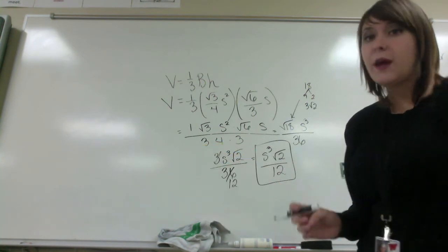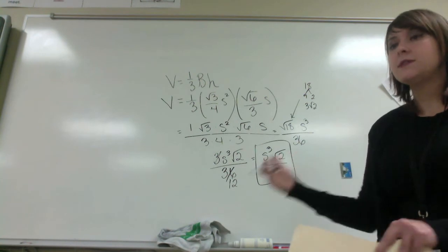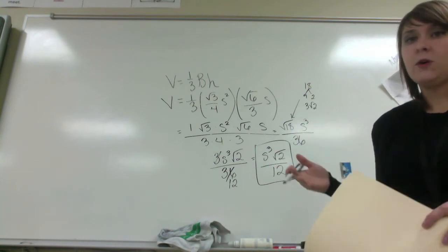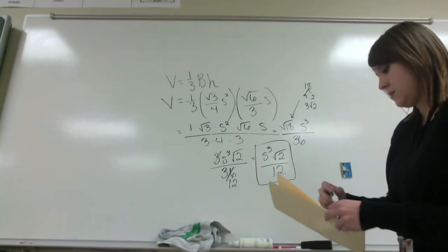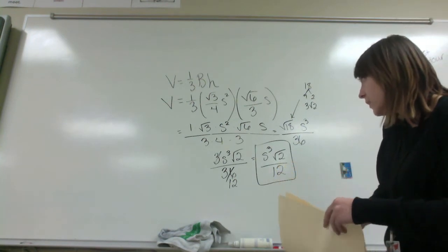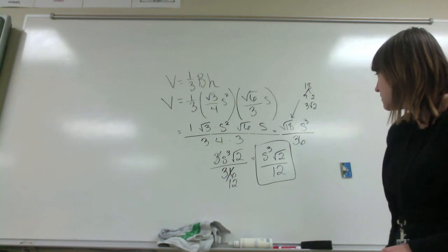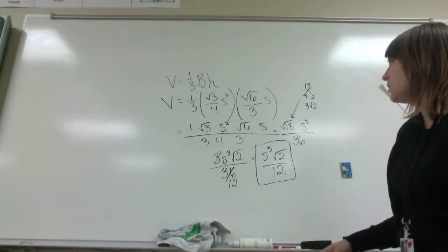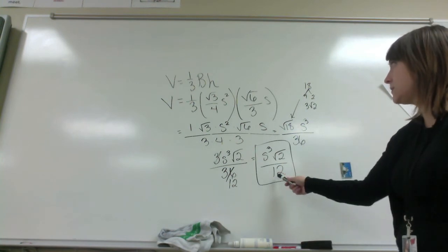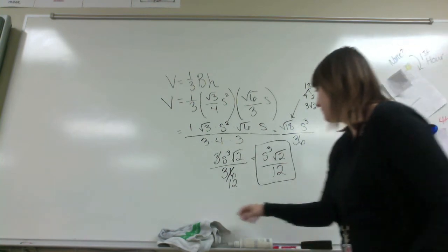Okay, next up, give a formula for the length s of a regular tetrahedron's edge in terms of its volume. So now I want a formula that's s equals, and it has the volume in it. Okay, so s equals something with V. So I'm going to start off with this formula where I left off, and I'm going to solve this for s.